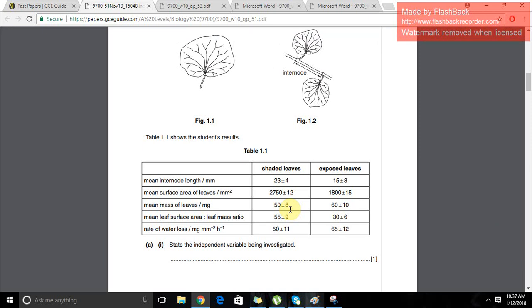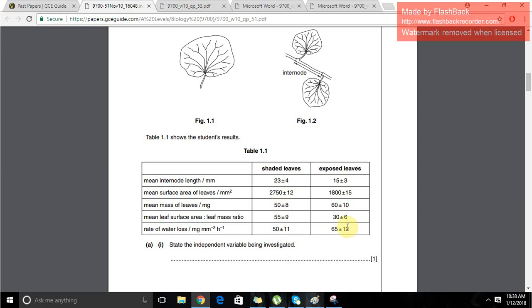And mean leaf surface area to mass ratio. So this is a ratio. We have a ratio of 55 and we have a ratio of 30. And how do you get this? You basically divide 2750 by 50 or something.